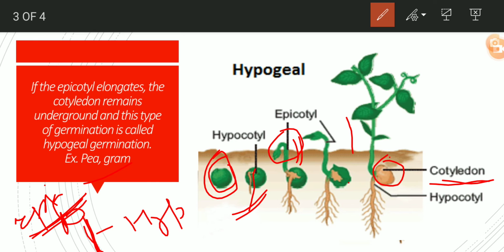And when the cotyledons are inside the soil, they will absorb food, and from this only the plant will emerge and form into a well developed plant. So this type of germination, hypo means beneath, under, is known as hypogeal germination.